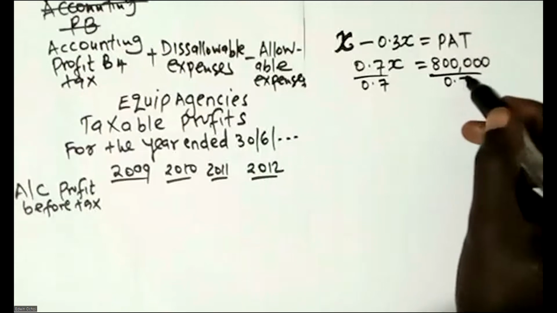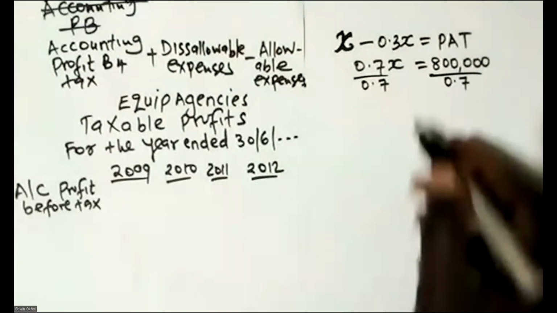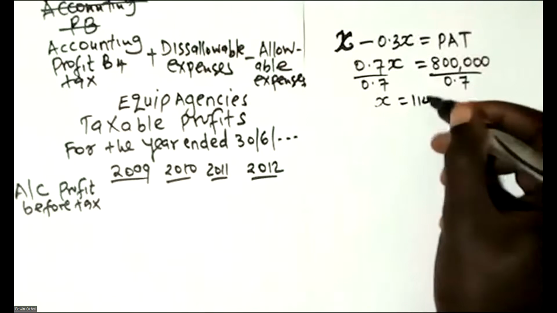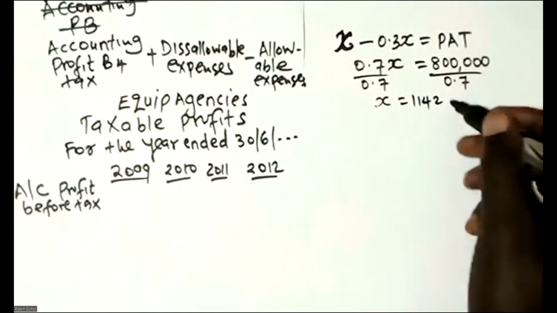If I divide both ends by 0.7, X is 1,142,857.